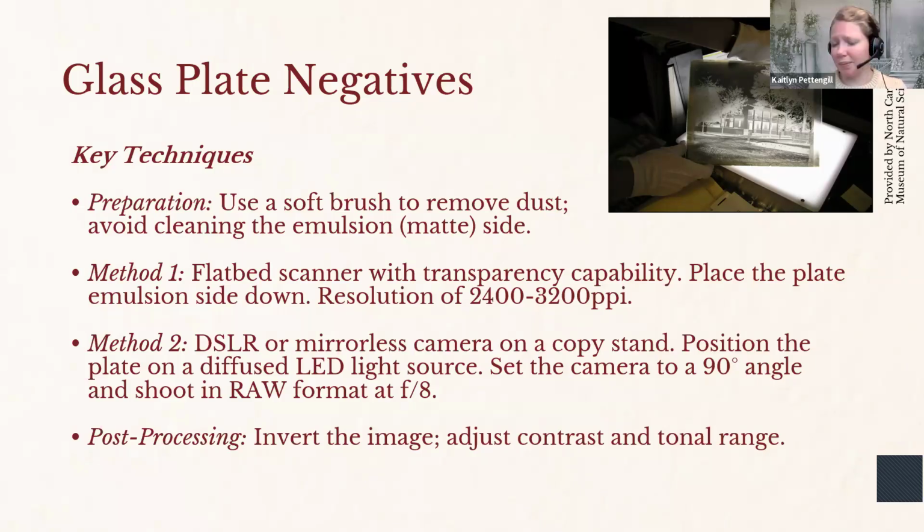If you have a flatbed Epson, they're kind of the workhorse of digitization. They are able to handle something like a glass plate negative, but obviously it has to adjust because the glass plate is, again, 3D. It's not perfectly flat. You can also use the copy stand with transmitted light. So you can get good images from both of those.